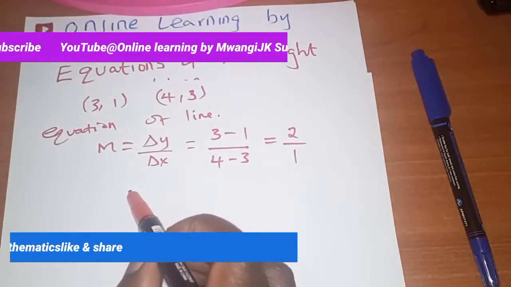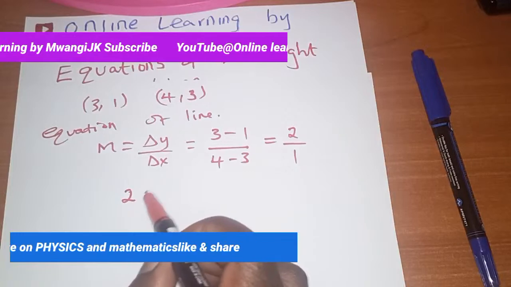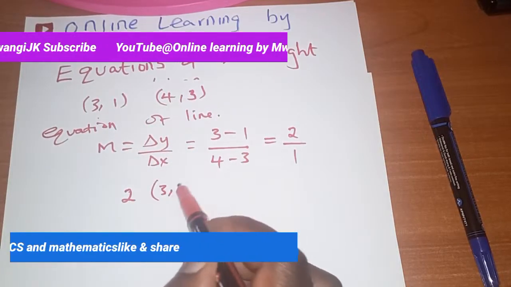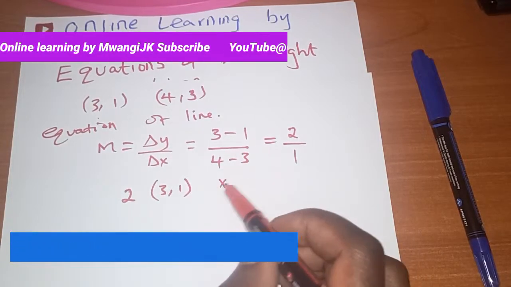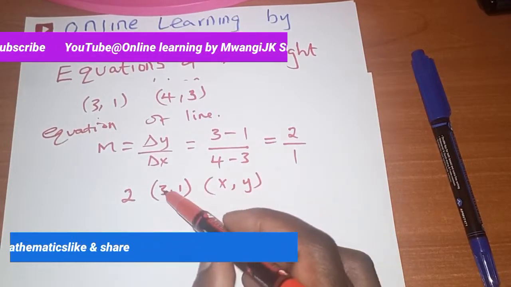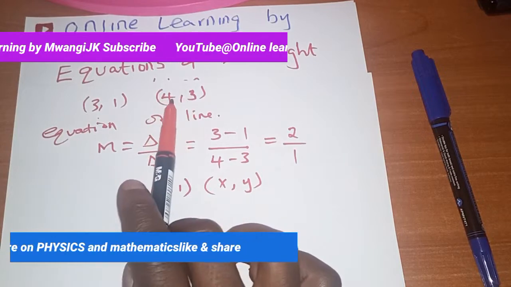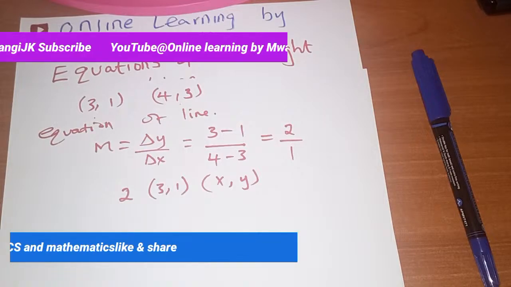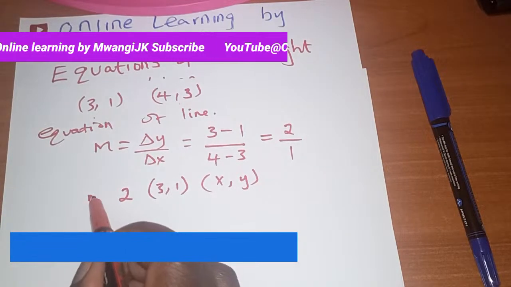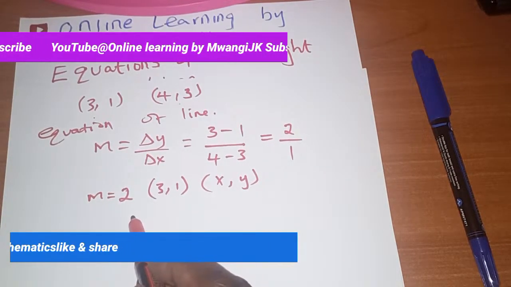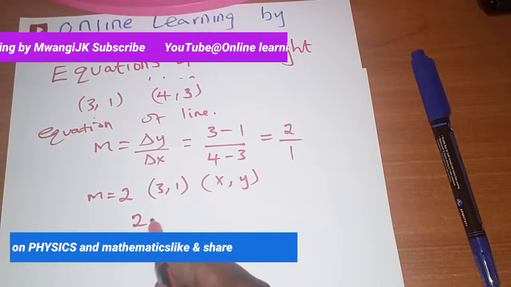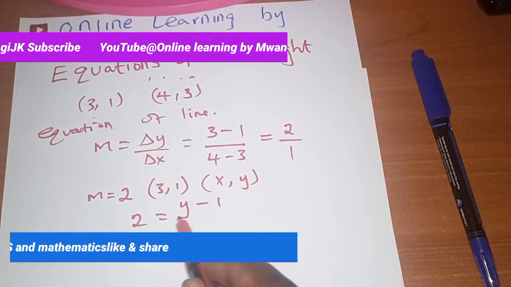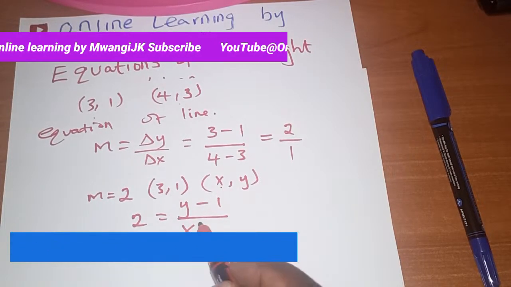So using the gradient 2 and one of the 2 points, (3, 1), and another unknown point (x, y), we can use (3, 1) or even (4, 3). I want to now find the equation of this line, and I'll say 2, the gradient, is equal to y minus 1 divided by x minus 3.